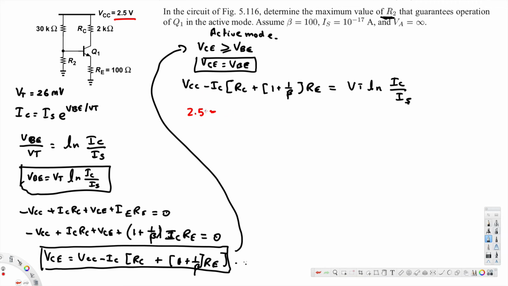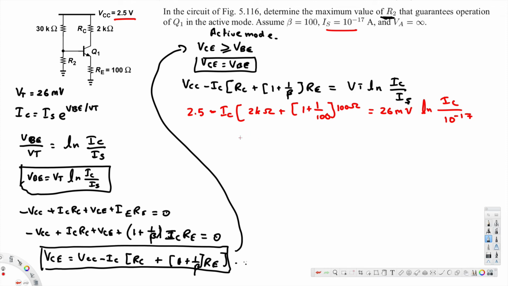RC is 2 kilo ohm, plus 1 plus 1 over beta, where beta is 100, and RE is equal to 100 ohm, times IC, that is equal to Vt, a constant value, 26 millivolts, ln of IC, which is what we are trying to find, over IS, which is 10 to the power of minus 17.